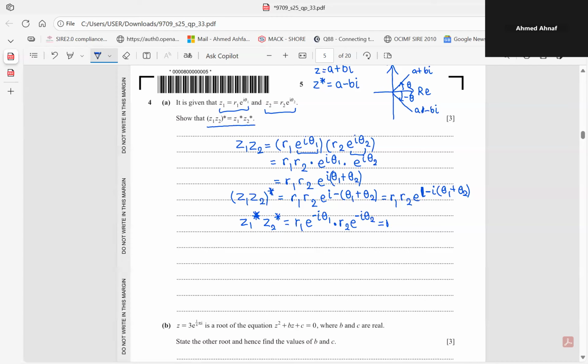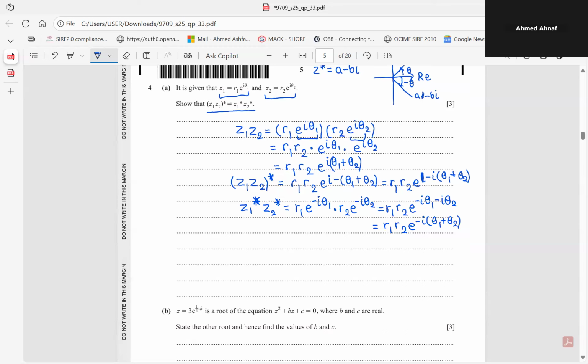So this would just be R1 R2 times e to the power of negative i theta 1 plus negative i theta 2. And this would give you R1 R2 e to the power of negative i (theta 1 plus theta 2).